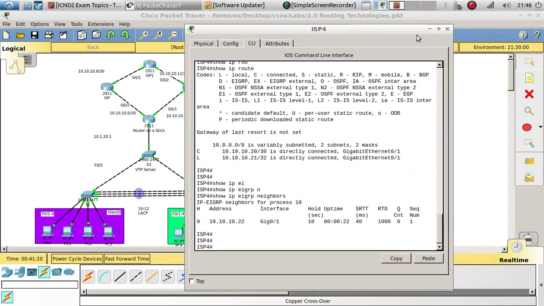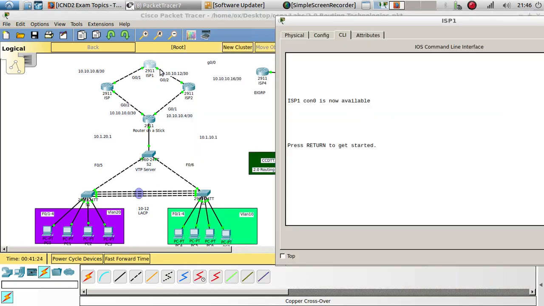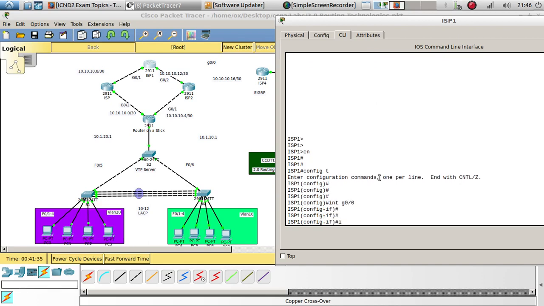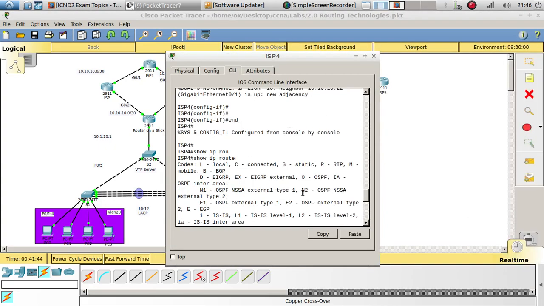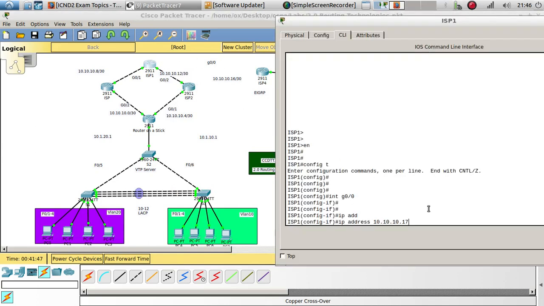So now what I'm going to do is configure ISP1. So enable, config t, and let's go to interface gigabit 0/0. IP address is going to be 10.10.10. I think 17, since I configured 18 on this one. Yeah, I configured 18, so this one is going to be 17, 255.255.255.252.